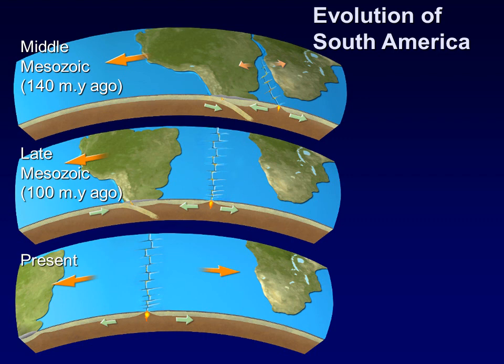In the late Mesozoic, 100 million years ago, we've already got a substantial size ocean there. The Atlantic is already looking pretty sizable. And now that movement has continued for over 140 million years. It continues to increase the size of the Atlantic Ocean.